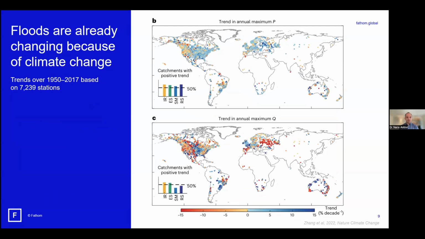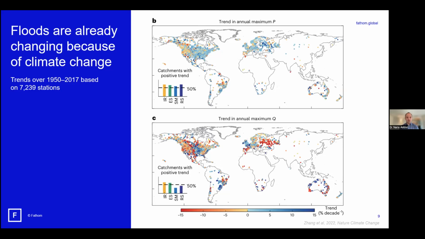But in regions where we know what's going on, we can compare changes in annual maxima precipitation at the top and flow at the bottom. What we see at the top is that in most of the locations, there is an increase in the intensity of extreme rainfall events. It's many blue dots. But if you look at the bottom at extreme flow, you see that there are a lot of dark red dots indicating that flood peaks have become smaller.